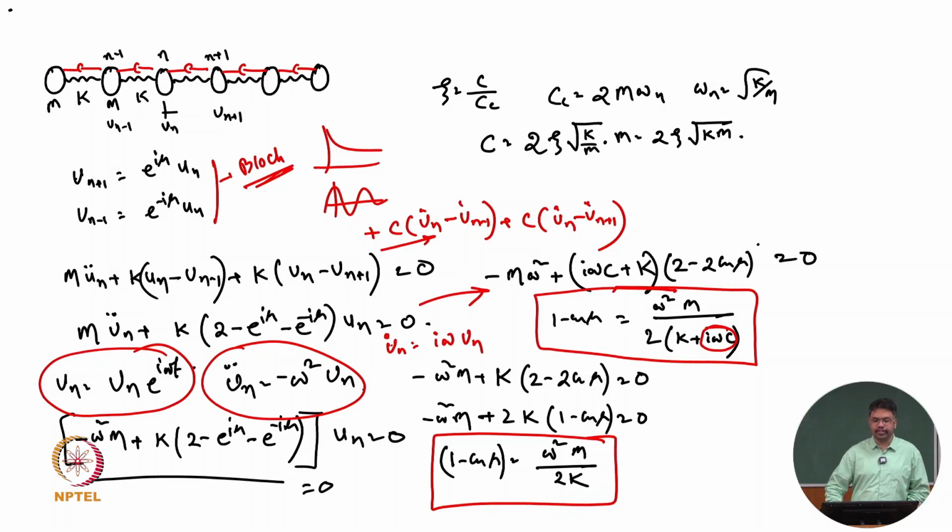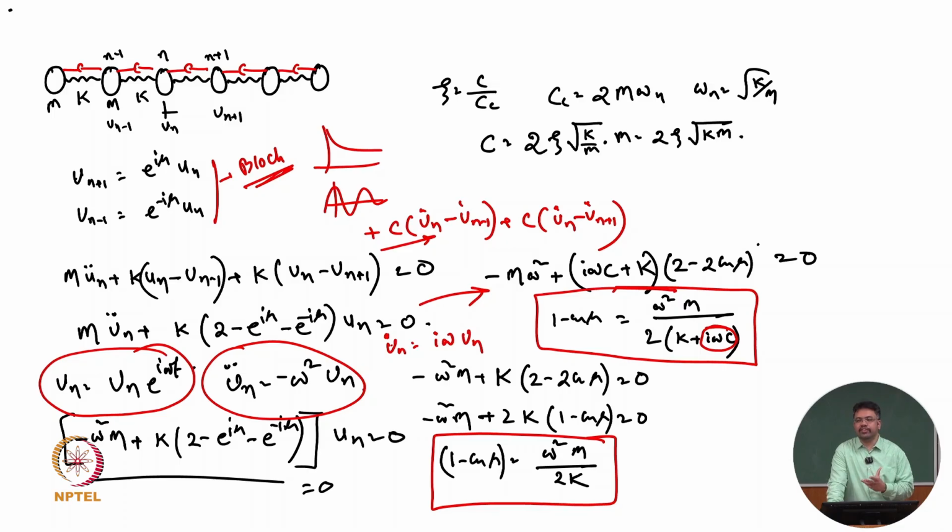Now here, if you see, what is the complexity? First and foremost point is that once we are having i omega c, you need to understand that this is a complex term which is getting added. So why is it complex?